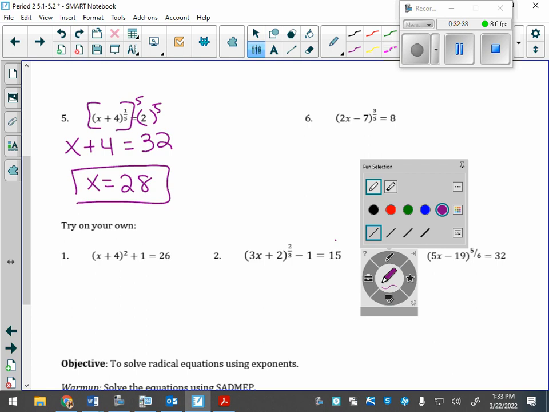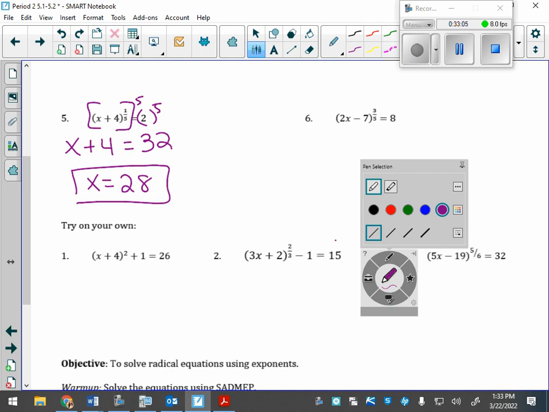All right. Now, number 6 looks a little bit different. Everything we have seen has been 1 over something. Now, it's 3/5. So what are we raising both sides to?